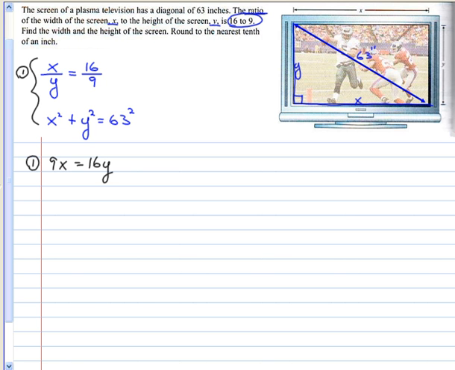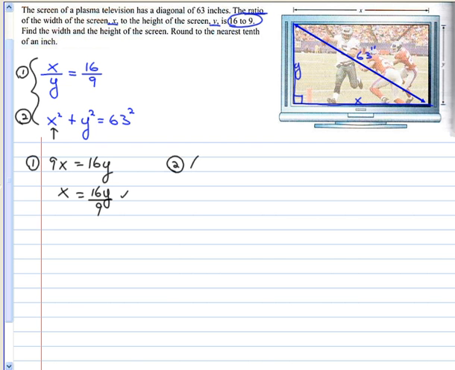I'm going to solve it for x, so I divide by 9. x equals 16y over 9. I have a value for x, so I can now substitute into equation 2.